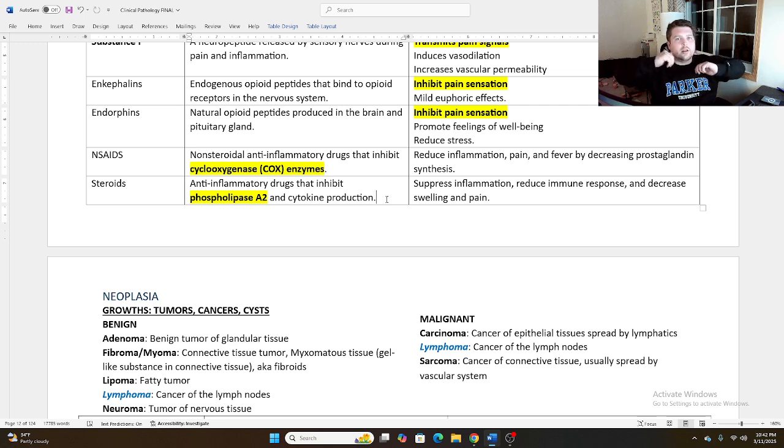So our thromboxanes, our prostaglandins, our prostacyclins, our lipoxins, a bunch of our inflammatory stuff stems from arachidonic acid, which is one of our essential fats. So inhibiting phospholipase A2 inhibits the release of arachidonic acid, which therefore inhibits a lot of our inflammatory response.